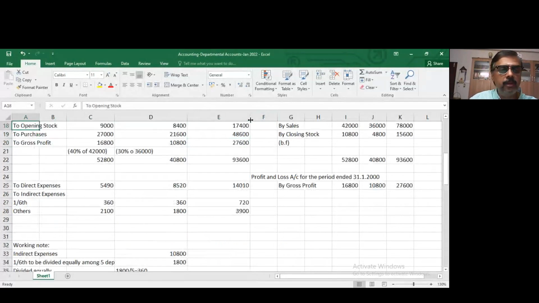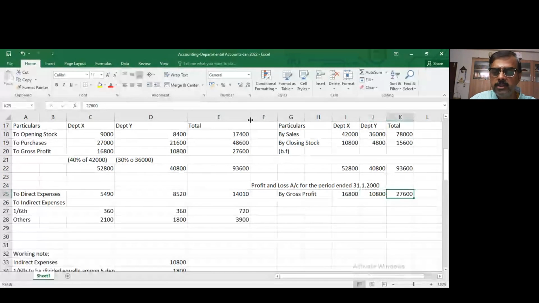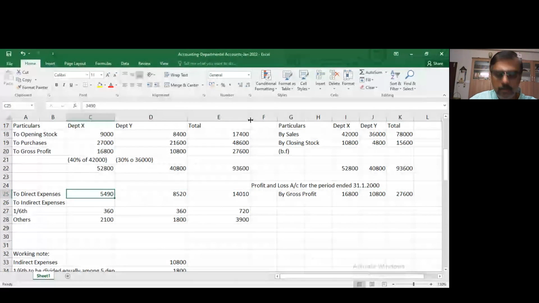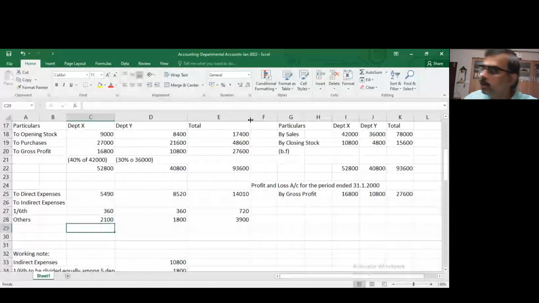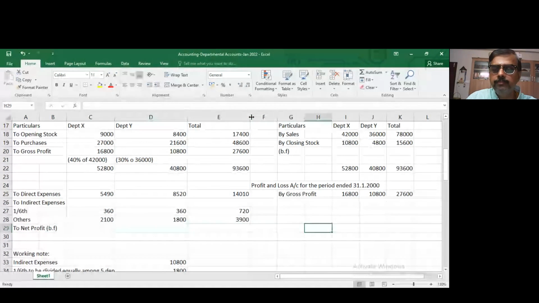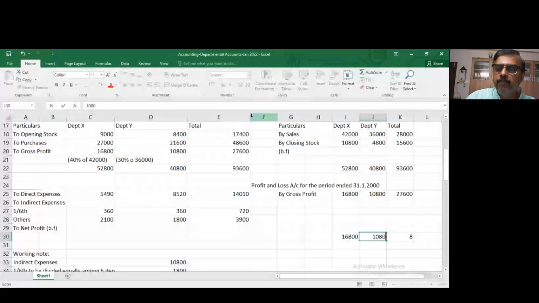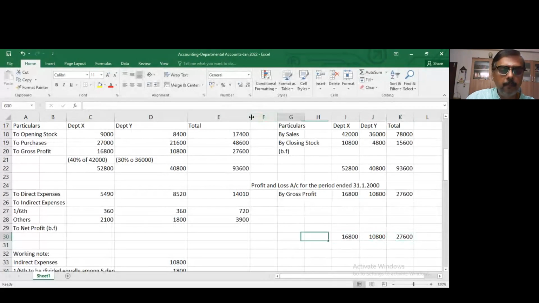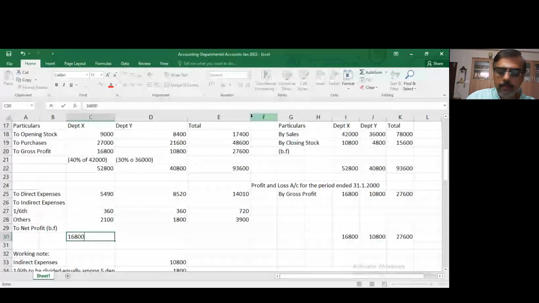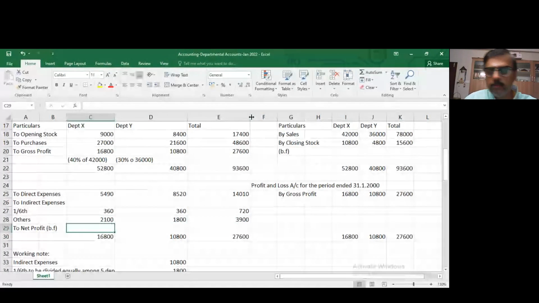So we have got a gross profit here for department X, which is 16,800. For department Y, which is 10,800. Total is 27,600. We have got direct expenses given in the question. We have got indirect expenses distributed. And finally, you get your net profits. So net profit is the balancing figure. So let us put the total here: 16,800, 10,800, 27,600.